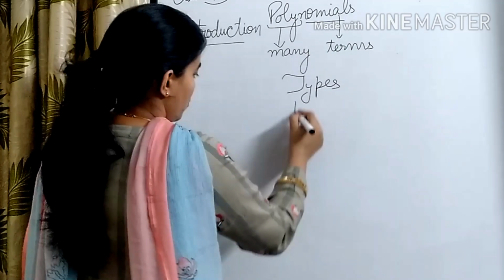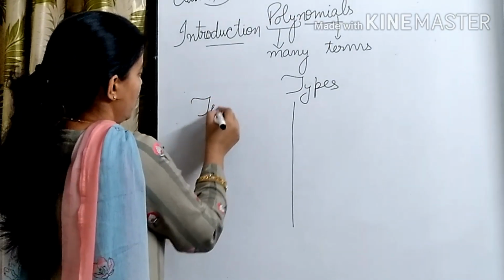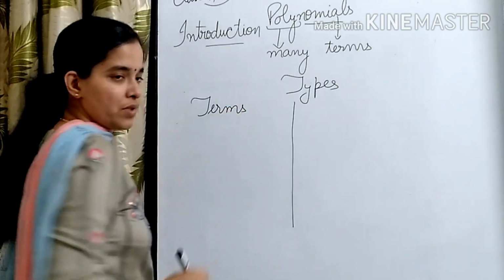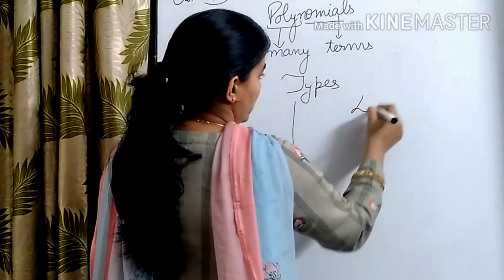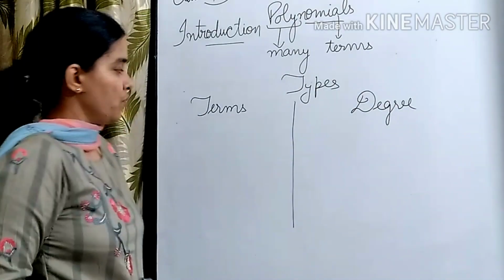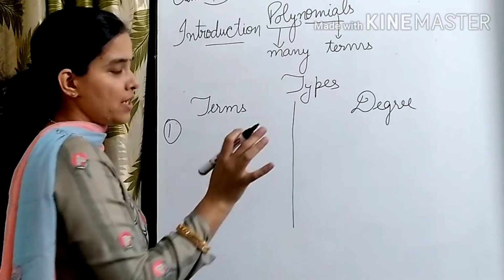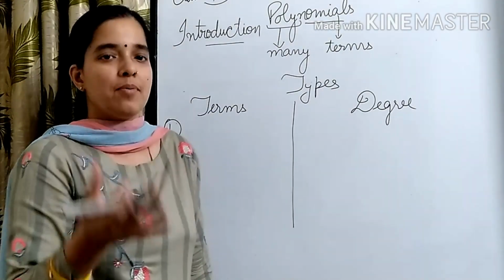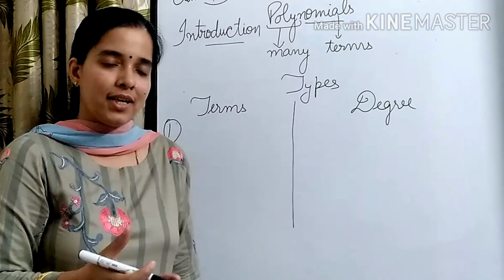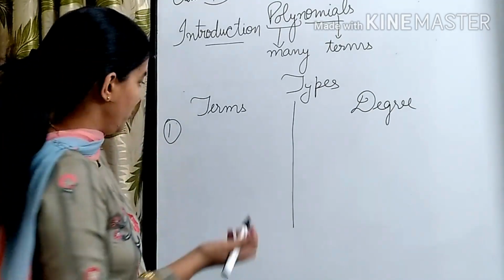Okay. So in 2 ways we can divide them. First one on the basis of terms. Second one on the basis of degree. So first one on the basis of terms. टर्म्स का मतलब होता है जितने भी टर्म्स आप एल्जेब्रिक एक्सप्रेशन या पॉलिनोमियल में लिख रहे हैं उसके ऊपर आप कैसे टाइप्स बता सकते हैं पॉलिनोमियल्स के.